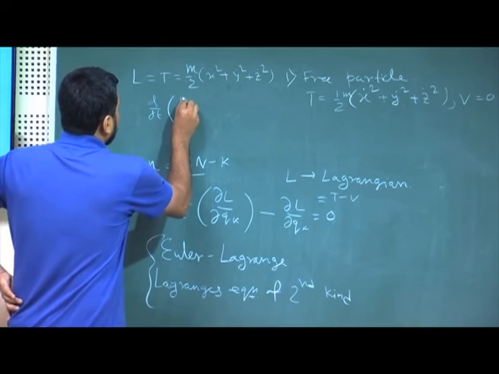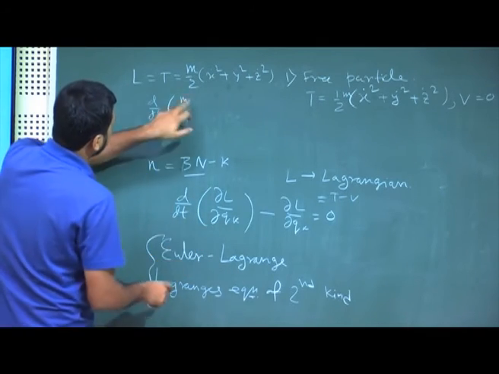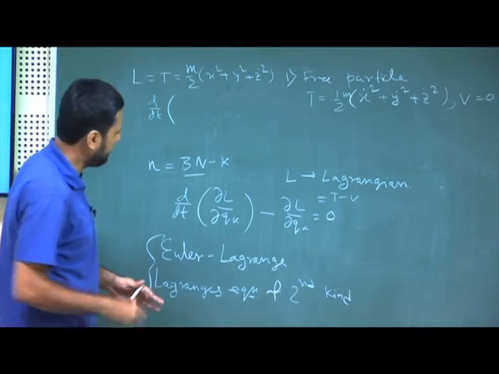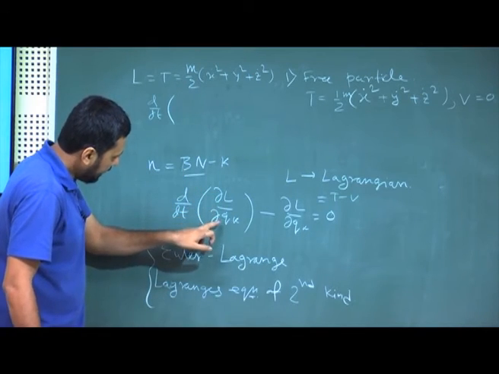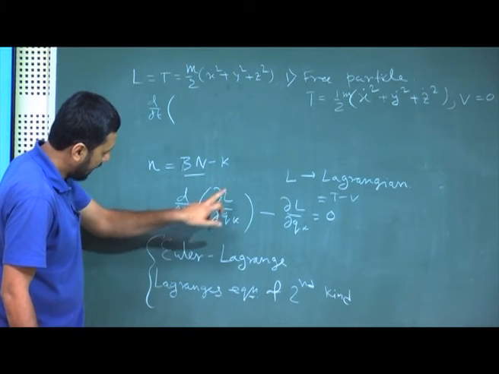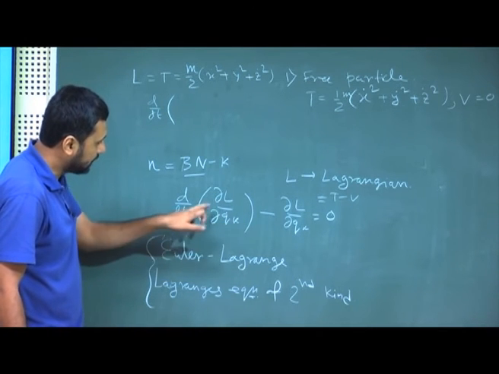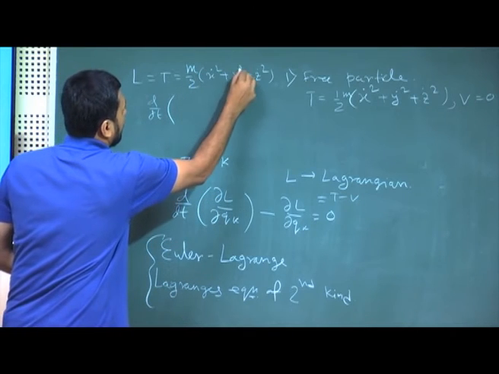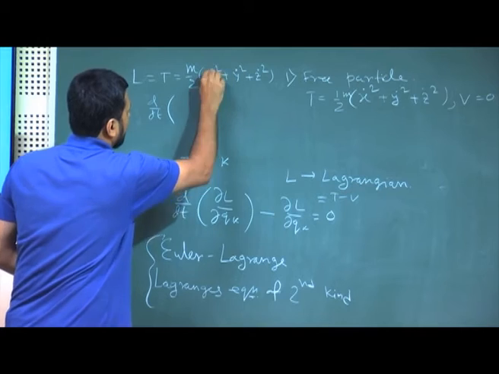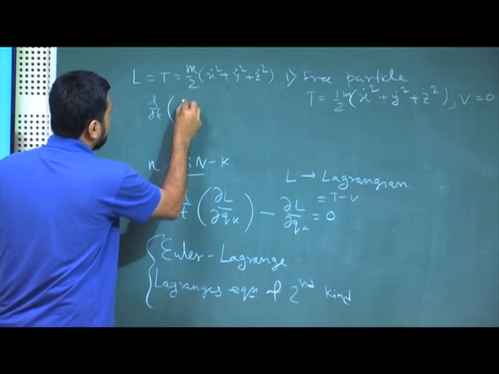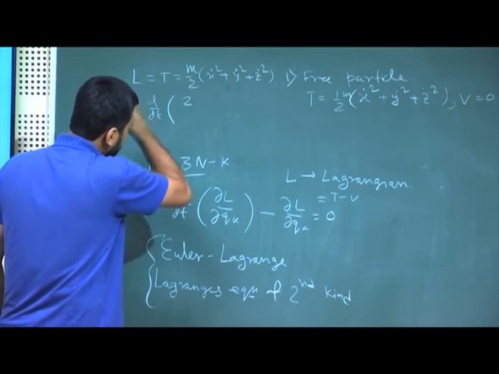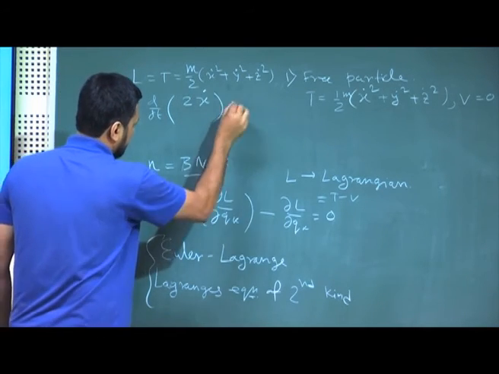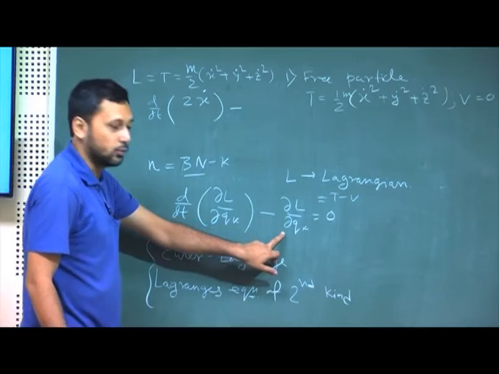So, m by 2 will be common to all, so we can just get rid of it. Del L del q_k dot, I have to take a derivative with respect to the generalized velocity. The first generalized velocity I encounter is x dot, second is y dot, third is z dot. So, when I take the derivative, it will be 2 x dot, right, d/dt of this minus del L del q_k.